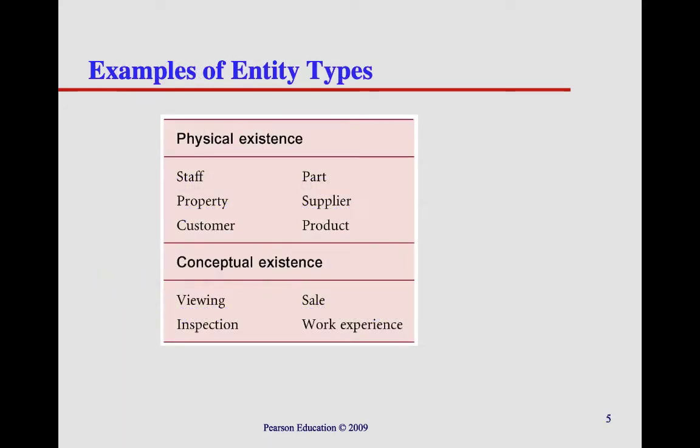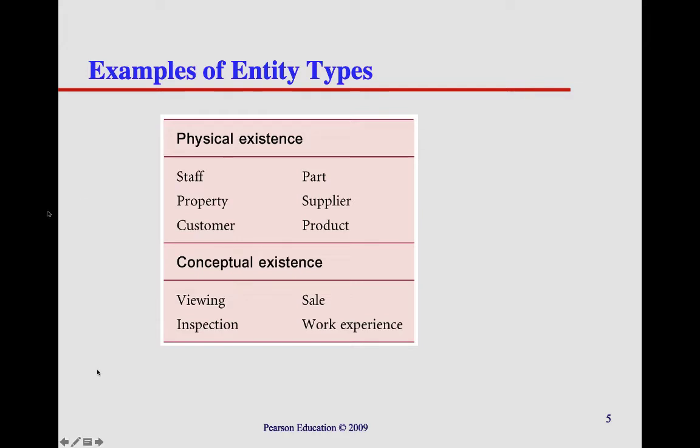Okay, so entities are things that may have a physical existence, like in our dream home. Staff, property, and customers are physical things, or parts. Suppliers and products are physical entities. Entities may also have a conceptual existence, but I will warn you that when they have a conceptual existence, they often are a relationship. So a viewing relationship of a customer views a property, while that will be materialized as a relation, it actually is a relationship.